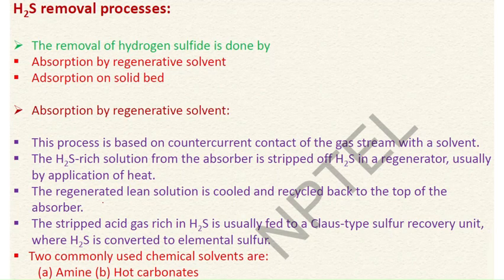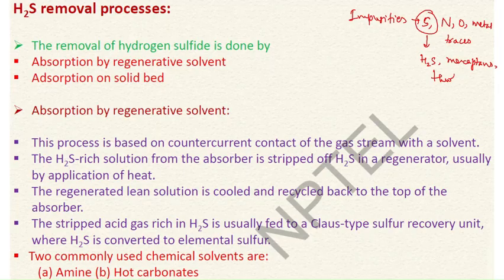The main impurities that we talked about till now are sulfur components, nitrogen, oxygen, and some metal traces. This sulfur is mainly present in the form of H2S or mercaptans.